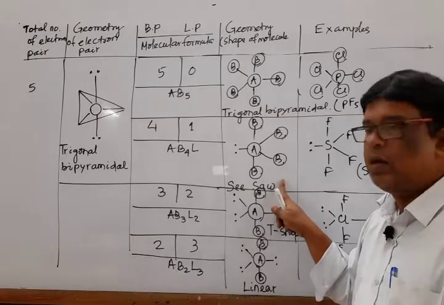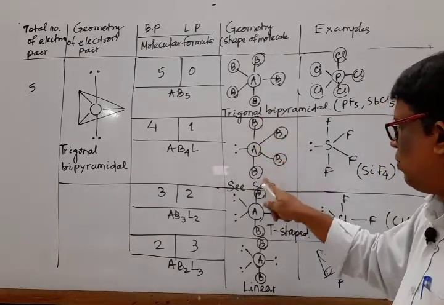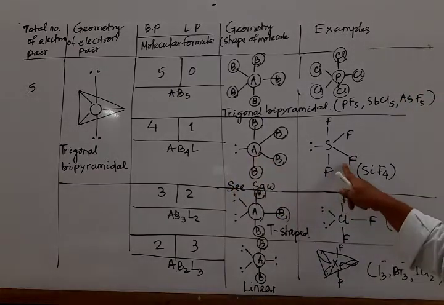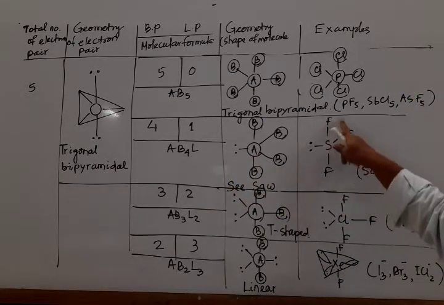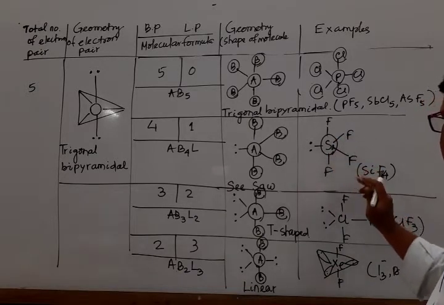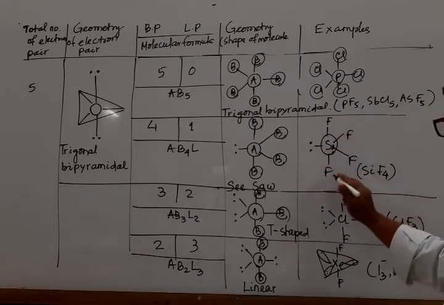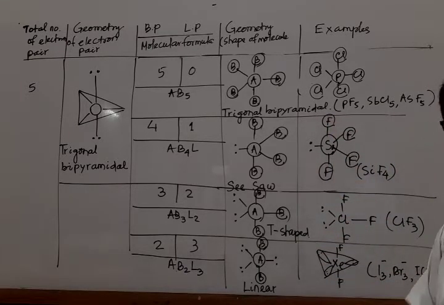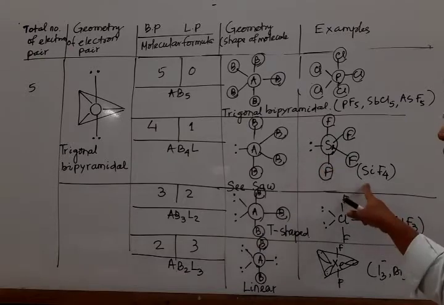Mark that. Here 4 are bond pair and 1 is lone pair. Some examples: sulfur tetrafluoride. Sulfur is the central atom, while 4 fluorine are the outer atoms, bonded by 4 bond pair, while 1 lone pair is there.